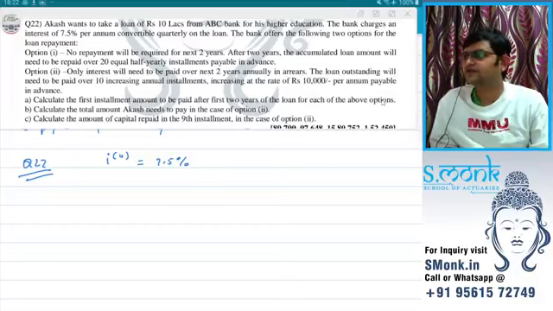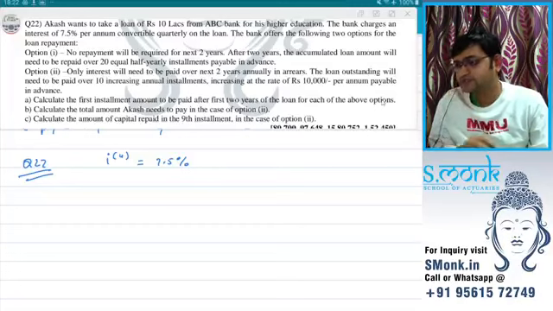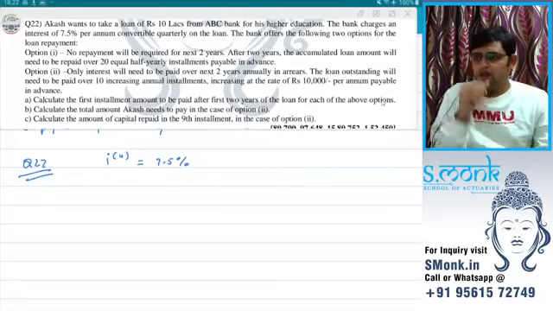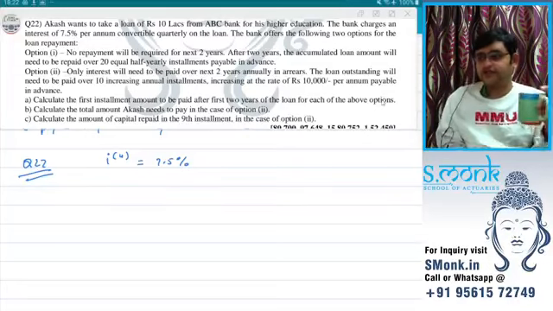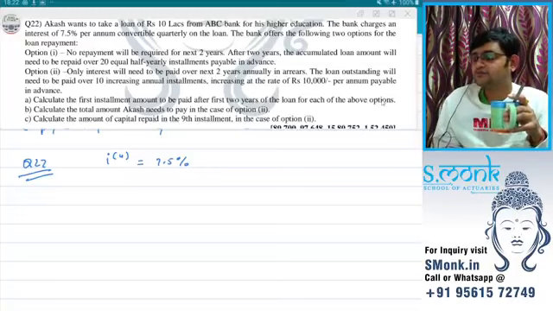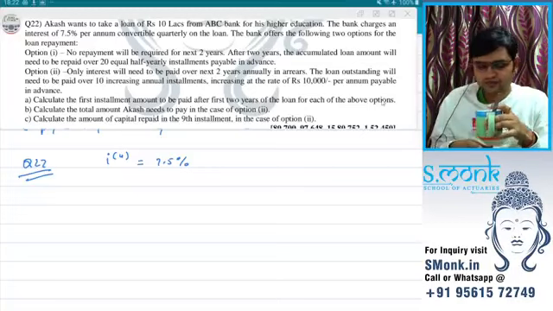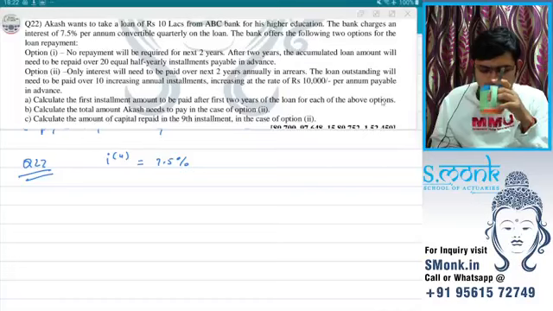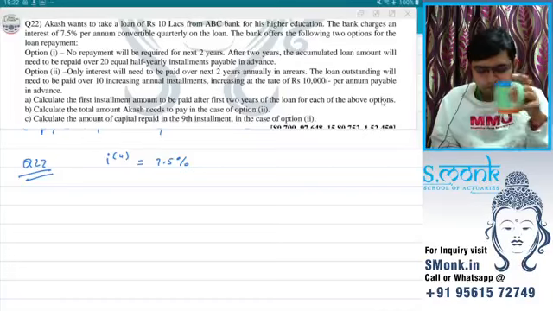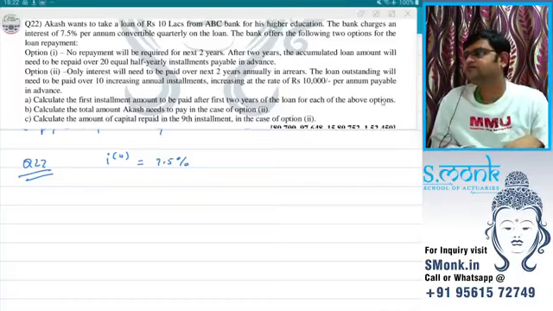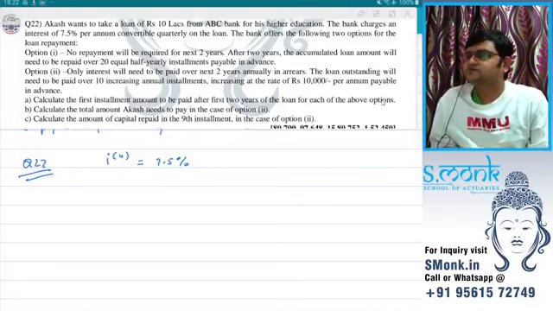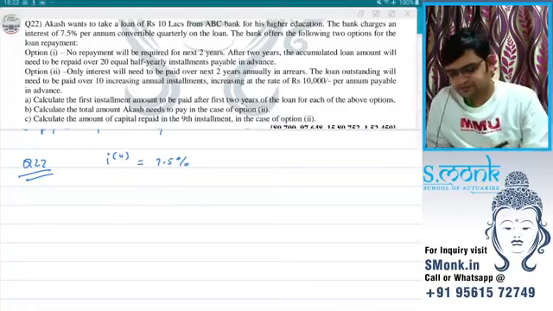The loan outstanding will be needed to be paid over 10 increasing installments, increasing at the rate of 10,000 per annum, payable in advance. Calculate the first installment amount to be paid after 2 years of the loan for each of the above options.